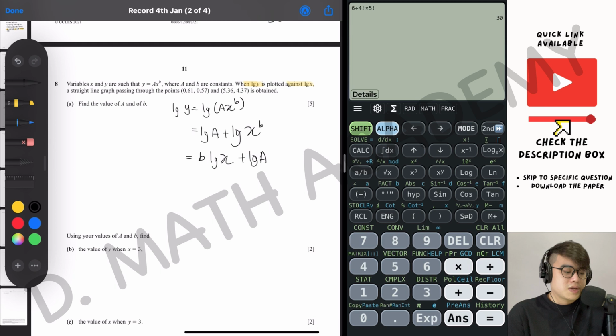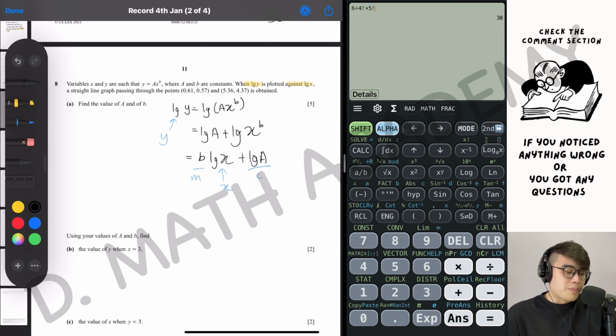Kindly take note, this thing here is your y in your equation. This thing is the gradient. This thing is the x. And this thing here at the back is your y-intercept. So by calculating the gradient, we'll be able to use it to identify our b. They gave us the points already, where m equals b equals y2 minus y1 over x2 minus x1.